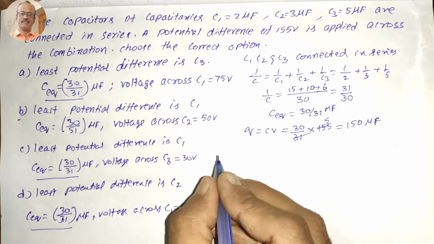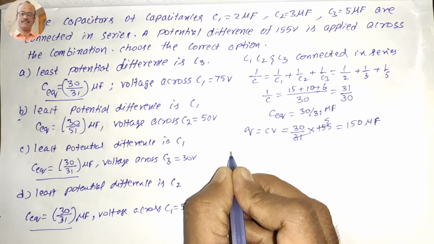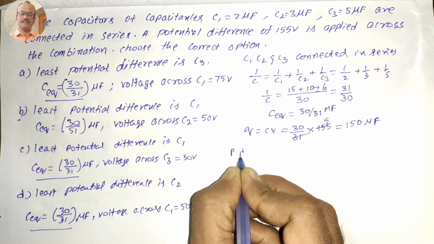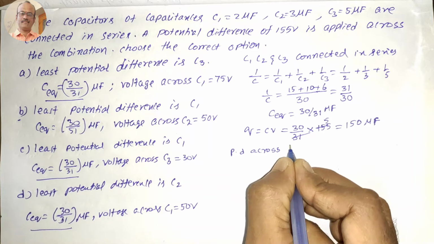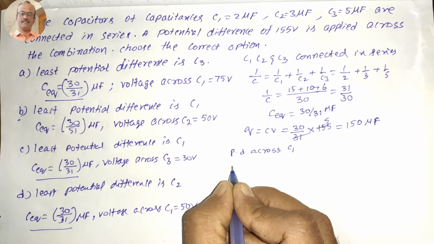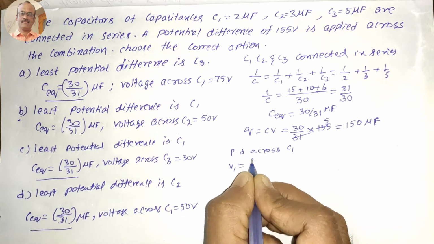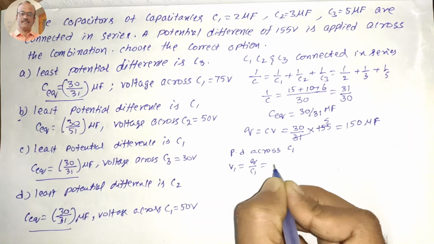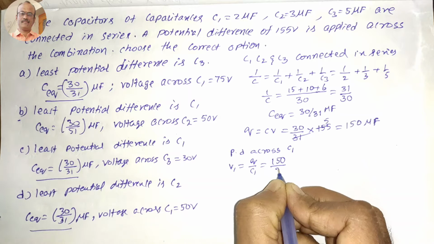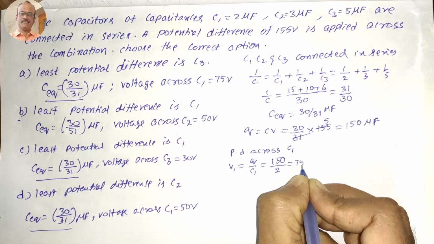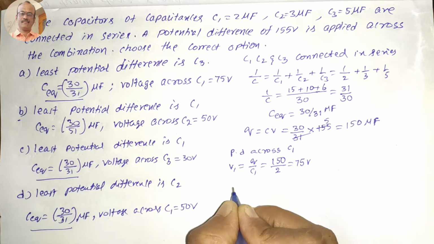Now I will calculate the potential difference, that is PD, across C1, that is V1 is equal to Q by C1. Q is nothing but 150 divided by C1 which is 2, equal to 75 volts.